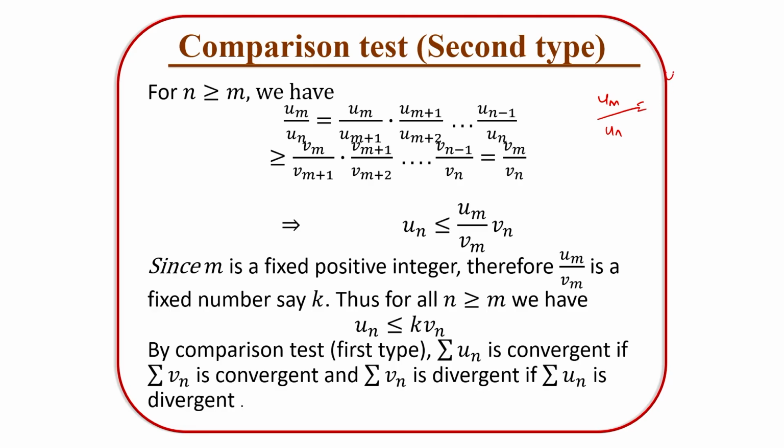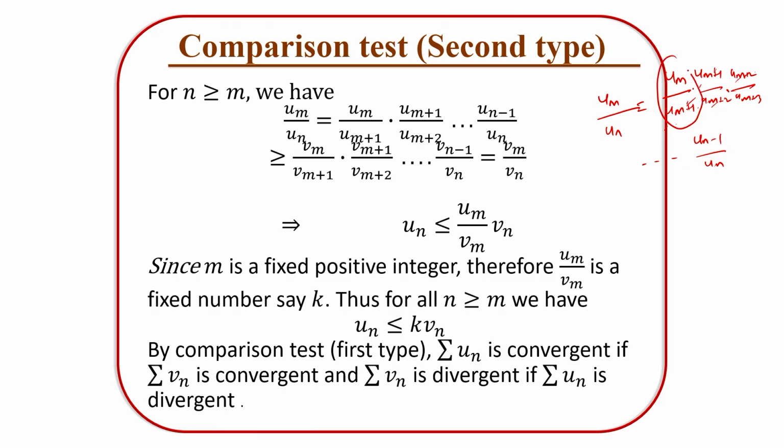This can be written as um divided by um plus 1 into um plus 1 divided by um plus 2 into um plus 2 divided by um plus 3 and so on, up to un minus 1 by un. We can write this one. Now why? Because all these are the cancelling or intermediate terms. So we have um by un.